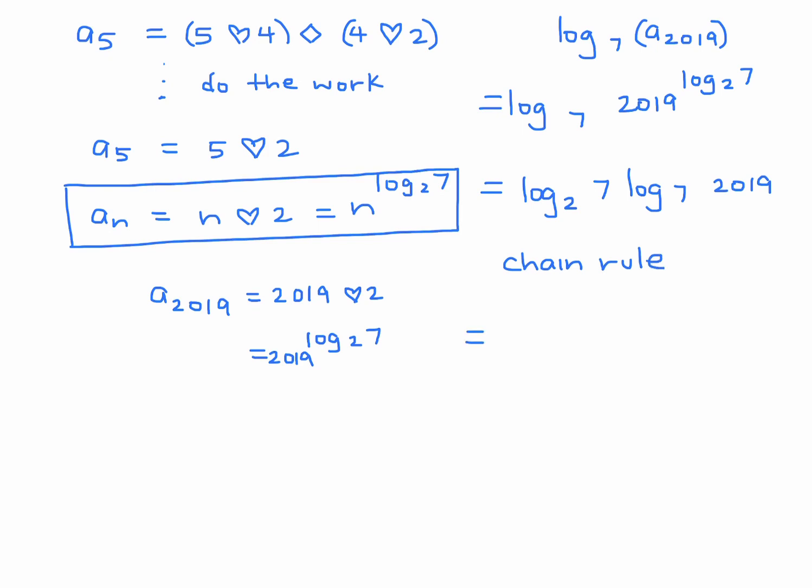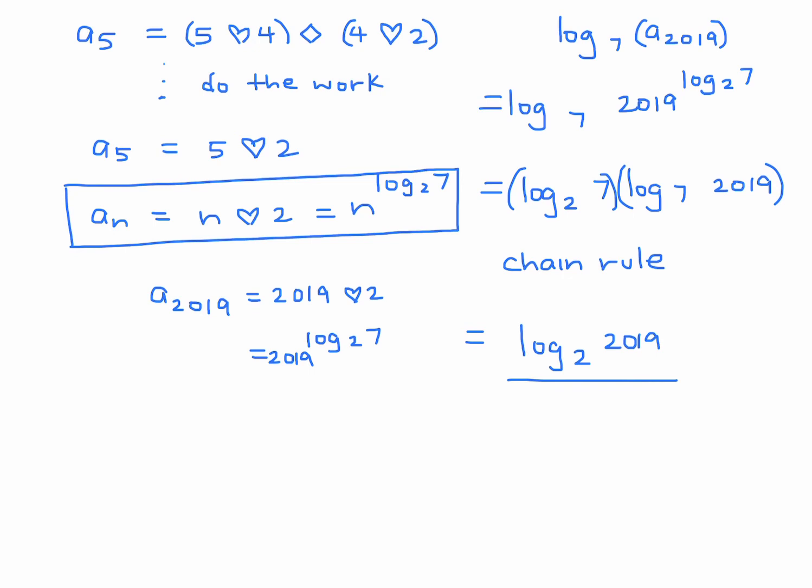And that says if you've got this sort of situation, you can just write it as log of 2019 to the base 2. It's a chain rule. This and this sort of disappear. It's an interesting rule, actually. Very helpful, I think. So now this is it. This is all we have left.